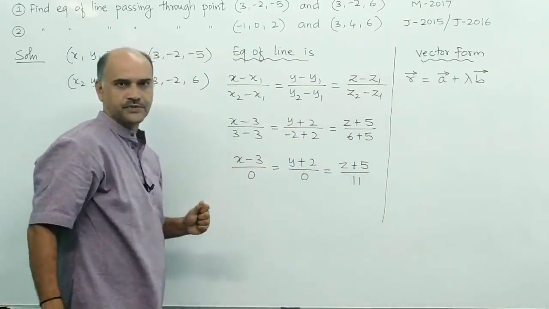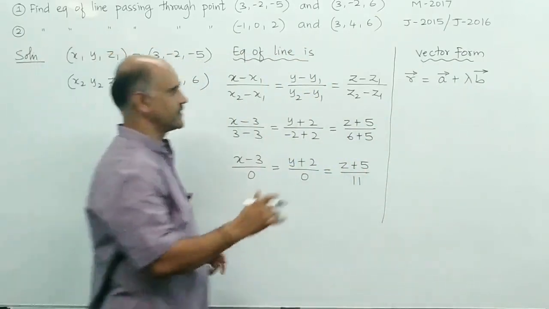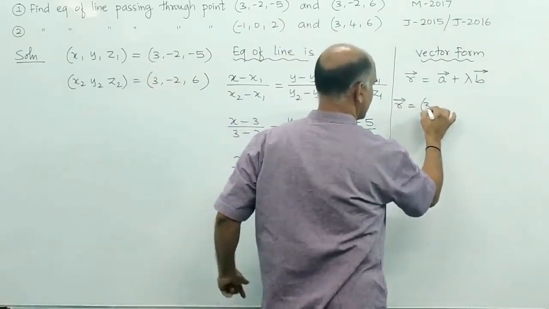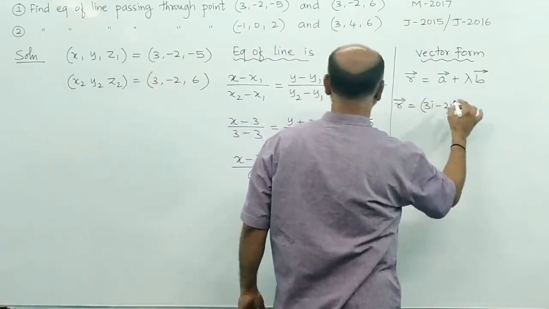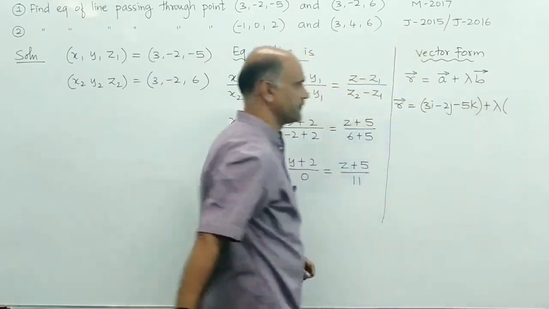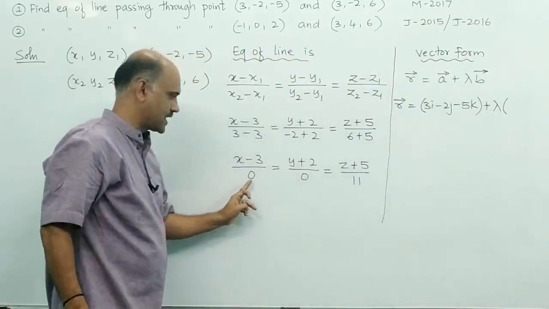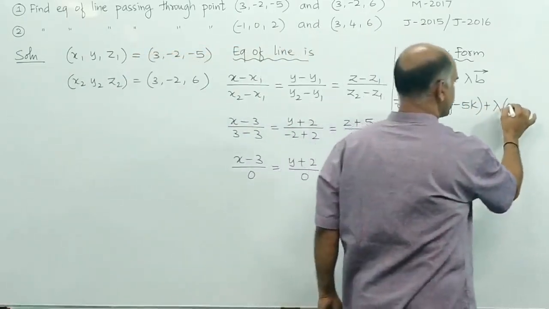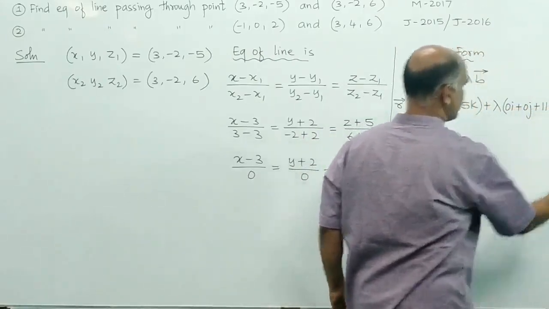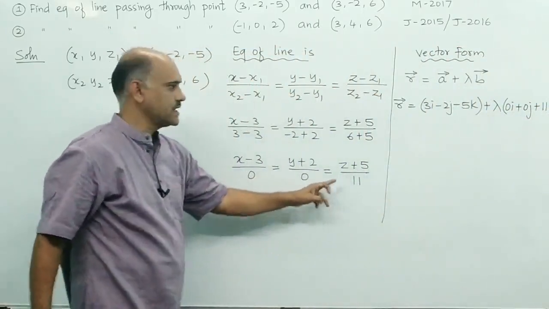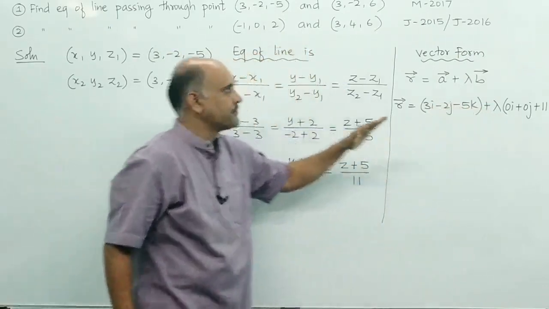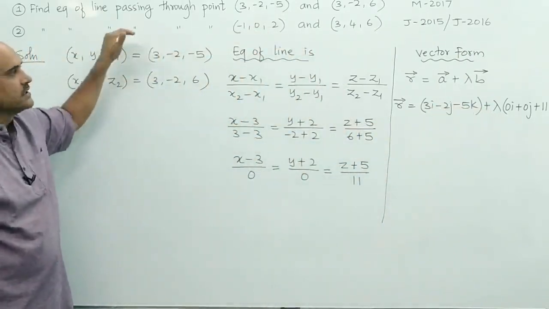So if I substitute, a is x1, y1, z1, so r = 3i minus 2j minus 5k plus lambda into bracket. b denotes the direction ratios, so you'll have 0i plus 0j plus 11k. This is the vector form. Clear, students? Similarly, you can solve the second one. Try on your own.